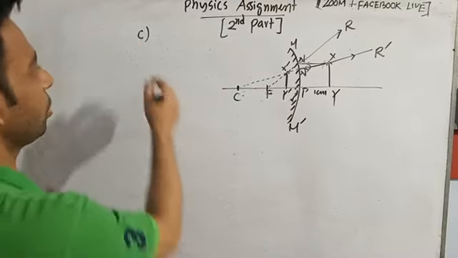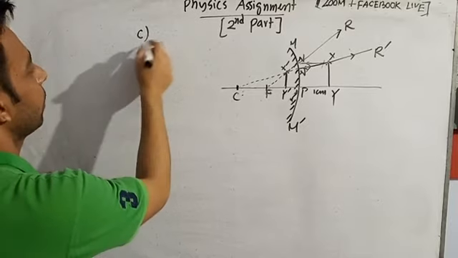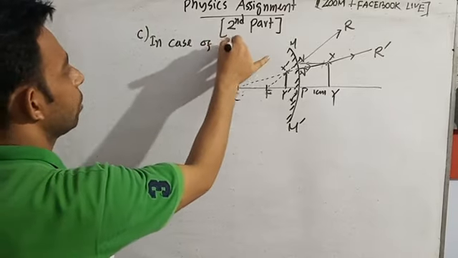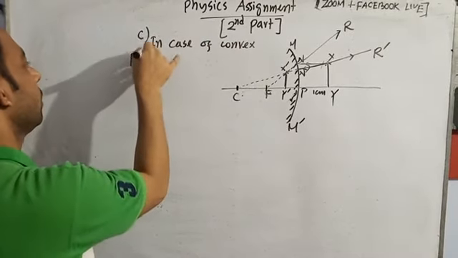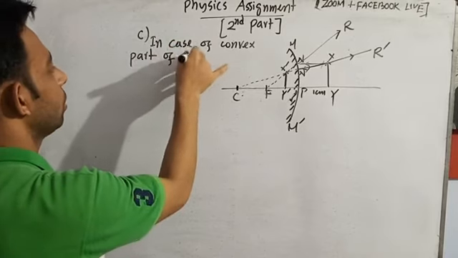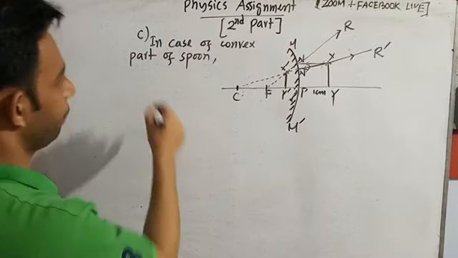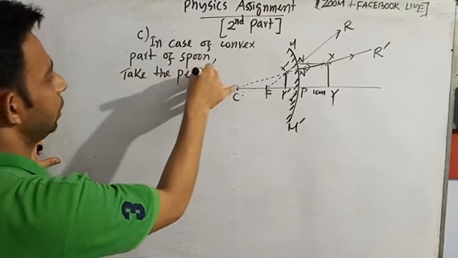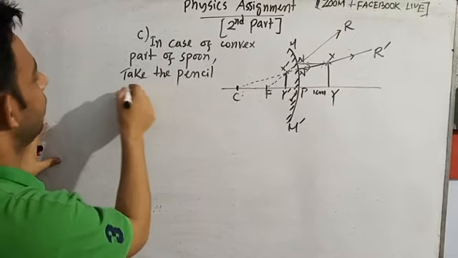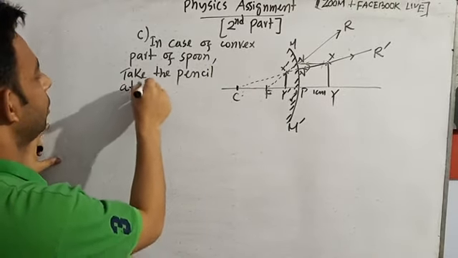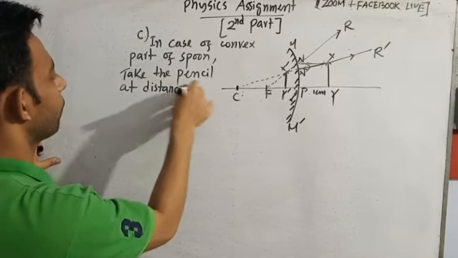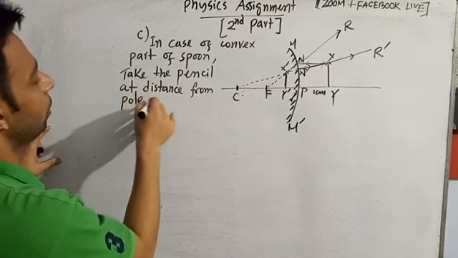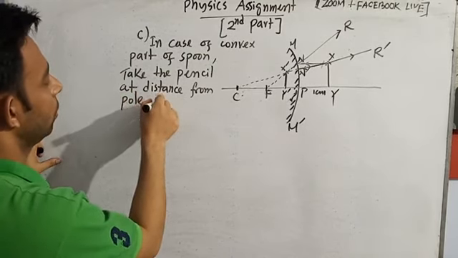Accordingly, suppose in case of the convex part of a spoon, take the pencil at a distance from the pole, which is 1 centimeter.